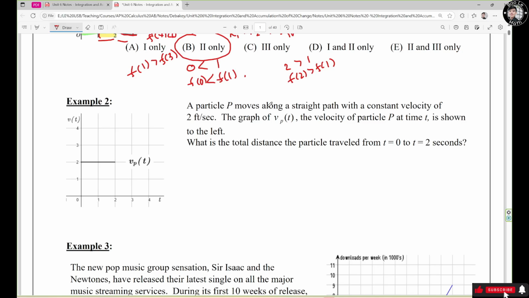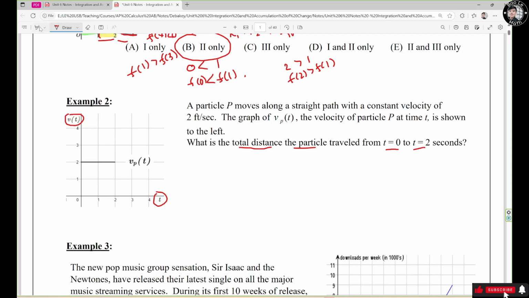A particle P moves along a straight path with a constant velocity of 2 feet per second. The graph of Vp of t, the velocity of the particle P at time t, is shown to the left. So V of t represents the y-axis and t represents the x-axis. What is the total distance the particle travels from t equals 0 to t equals 2?